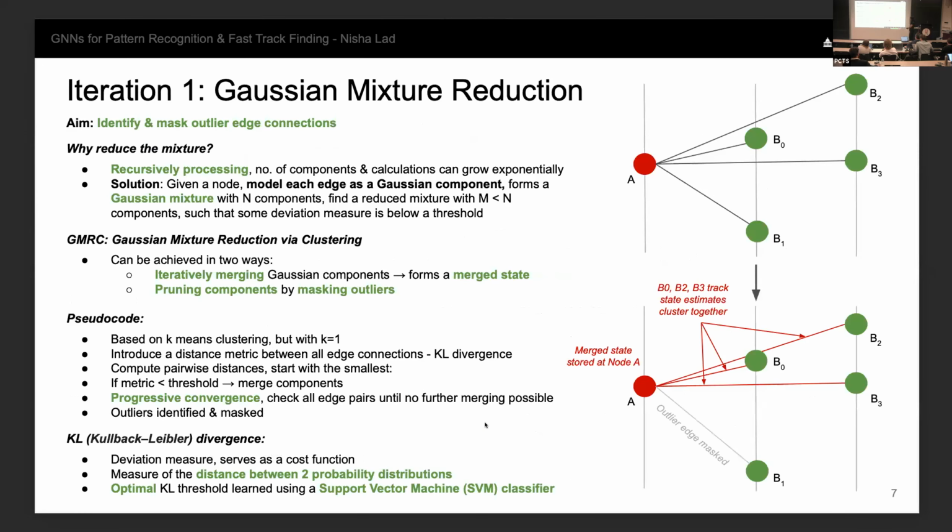So once we've initialized our network, we start with the Gaussian mixture reduction, where the main aim of this iteration is to identify and mask outlier edge connections. For any given node, the number of edge components can quickly rise, and this can be quite problematic.